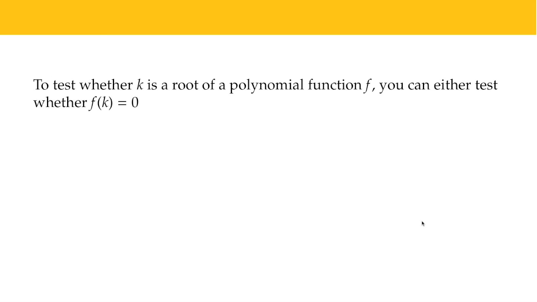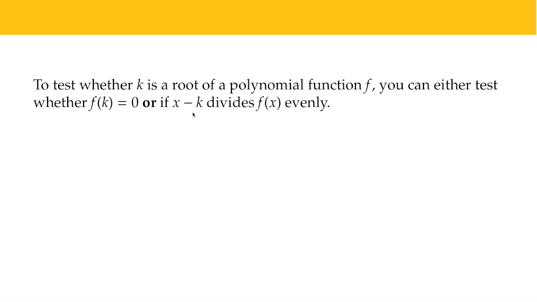And to test whether k, remember k is a number, is a root of a polynomial function, you can either test whether f of k is 0, that is, just plug it into the function and see if you get a 0, or you can test and see if x minus k divides f of x evenly. Now, at first, it might seem that this is a much more cumbersome way.